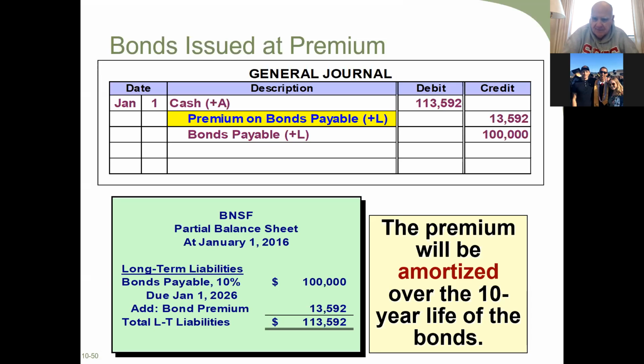Market rate equals the coupon rate. But no, companies, assuming they're happy with the market rate, are going to have to pay you 113,592 to get what the market rate really is. They're paying you more to get the market rate. We're trying to equal this out.